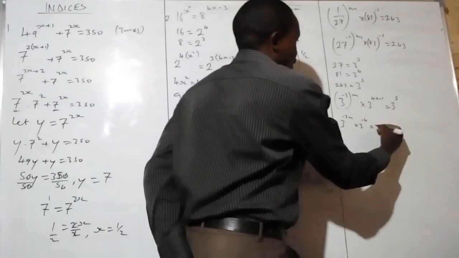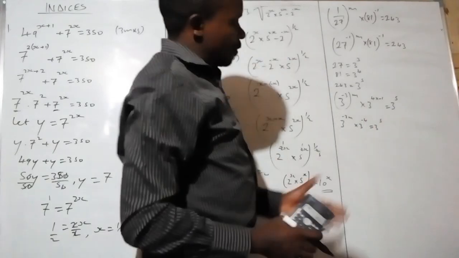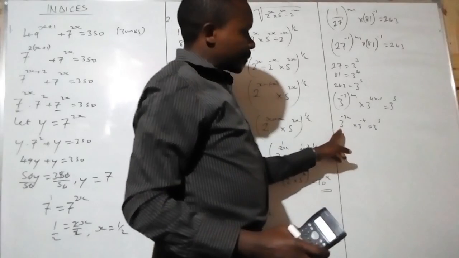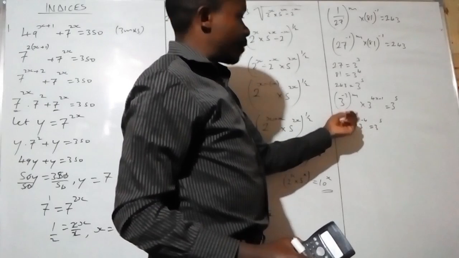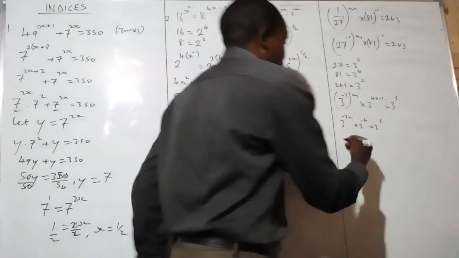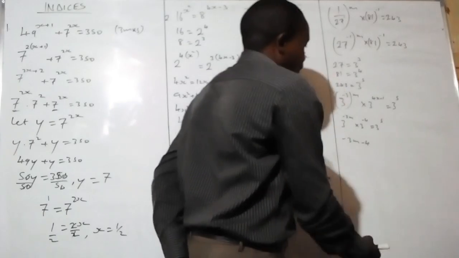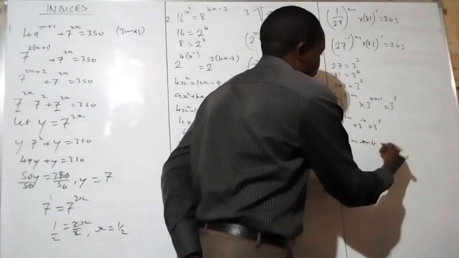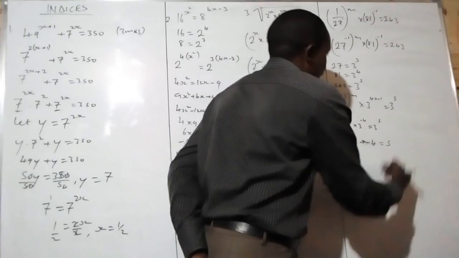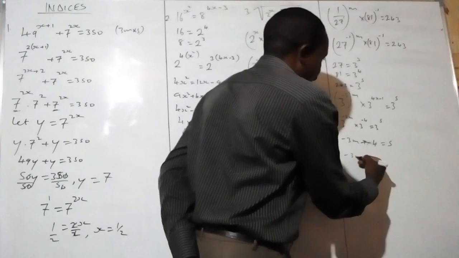According to the law of indices, we are going to drop the bases. Because we have multiplication, we are going to add the powers. Negative 3m plus negative 4, which will be negative, is equal to 5.